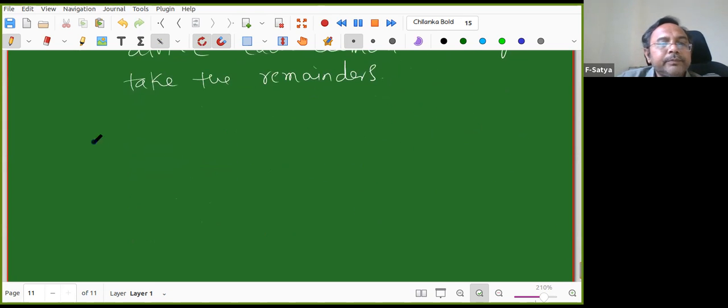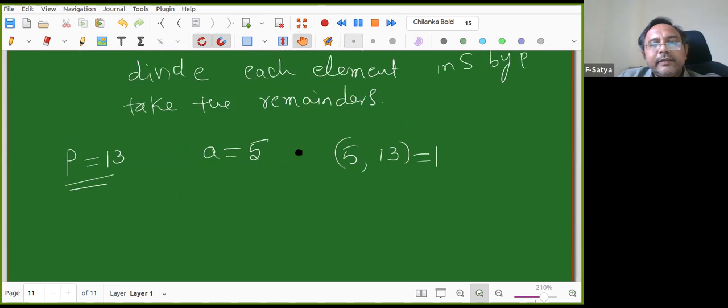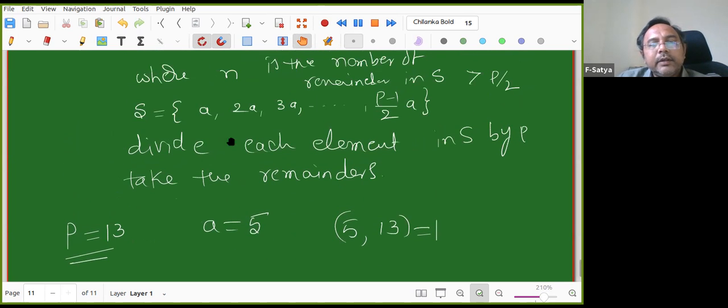I am taking P equal to 13 and A equal to 5. Then you know that GCD of 5 and 13 is 1. What is S? S is A, 2A, 3A up to (P minus 1)/2 times A.